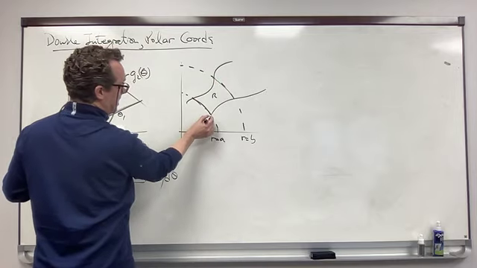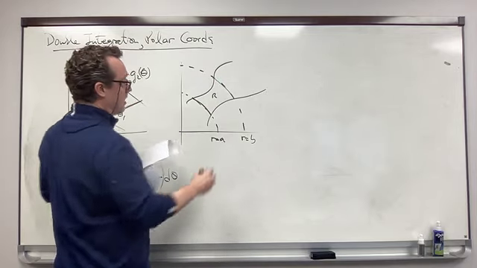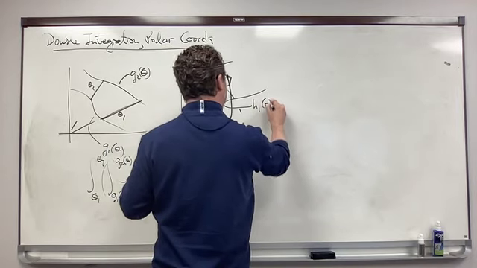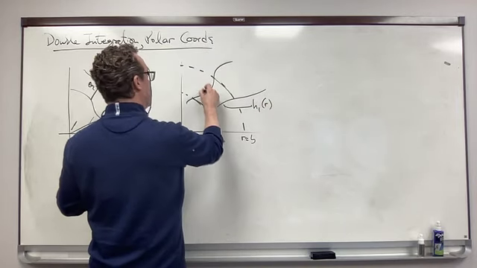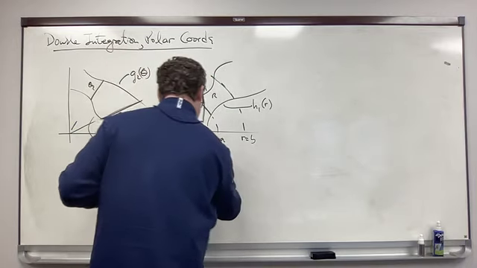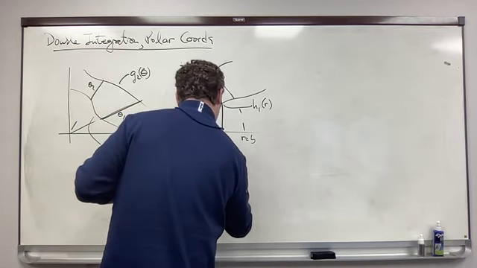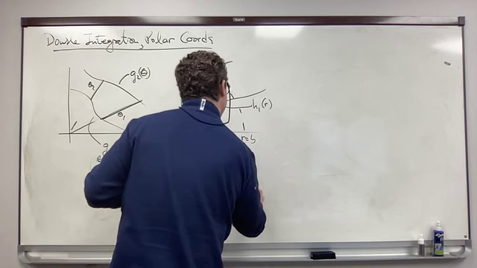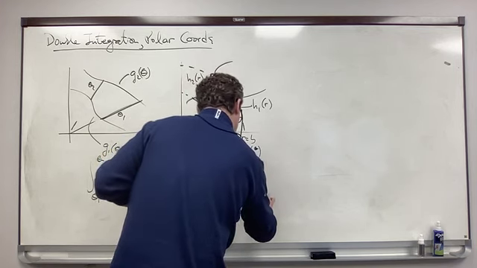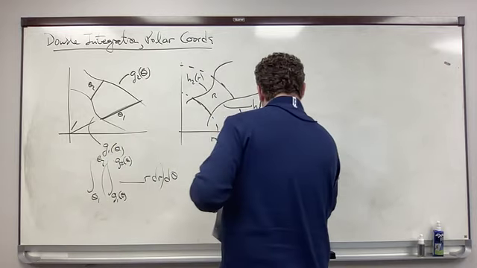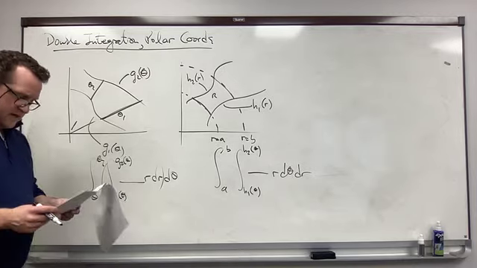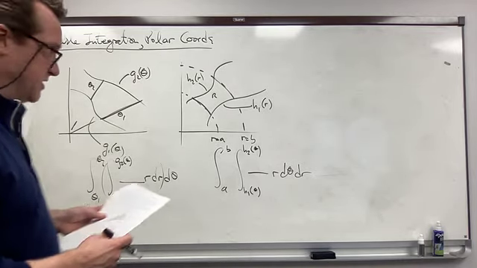If that's our limit, it has constant limits in r, but now here we have h1 of r as the bottom limit on theta, and this is h2, which is a function of r, that's the other limit on theta, and our integral would become from a to b, you'd integrate theta first, integrand r d theta dr. This will be easier when we see a first example.